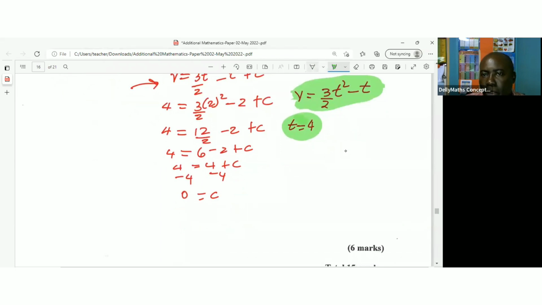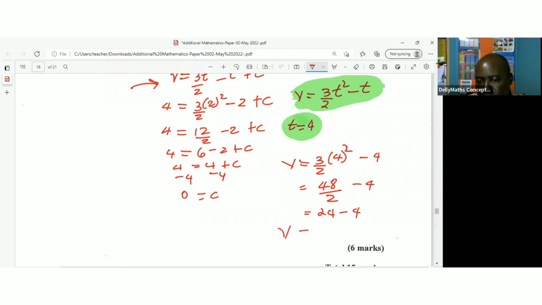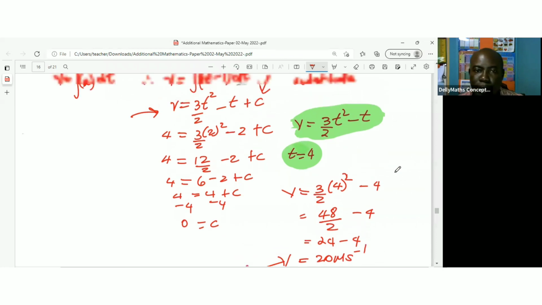The velocity is going to equal 3 over 2 times 4 squared, minus 4. 4 times 4 is 16, and 16 times 3 gives us 48 over 2, minus 4. That's 24 minus 4. The velocity is actually 20 meters per second. And there it is. The velocity at 4 seconds would be 20 meters per second.